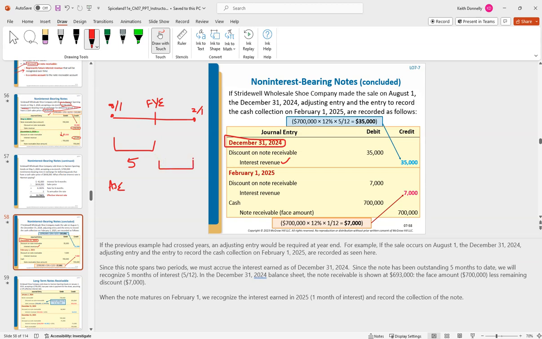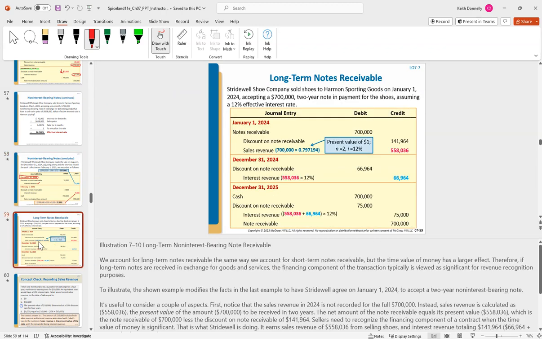And then for that remaining 1 month period, we'll accrue the remaining revenue from the interest component, and then we'll do the journal entry to get the note receivable off the books. So similar to the last example, except we have this sort of intermediary stop sign there for us.